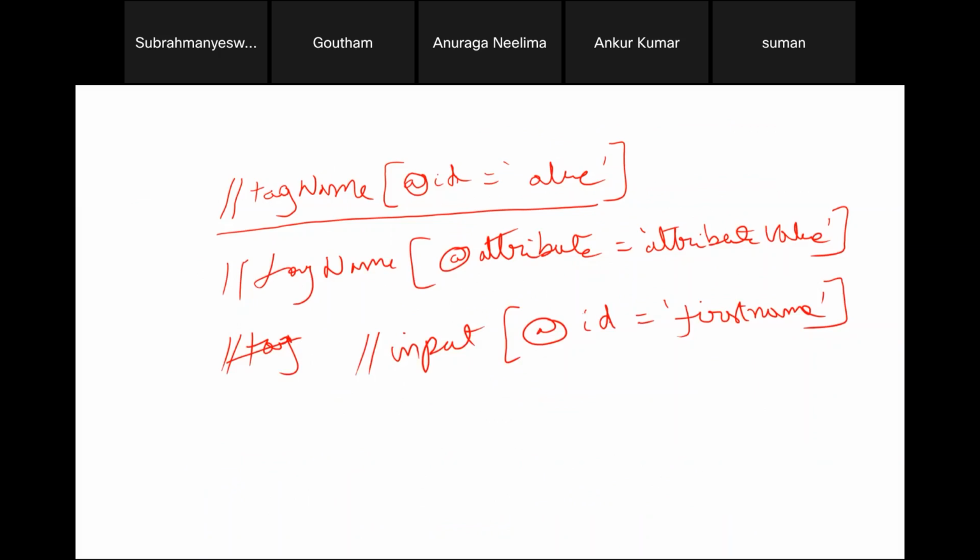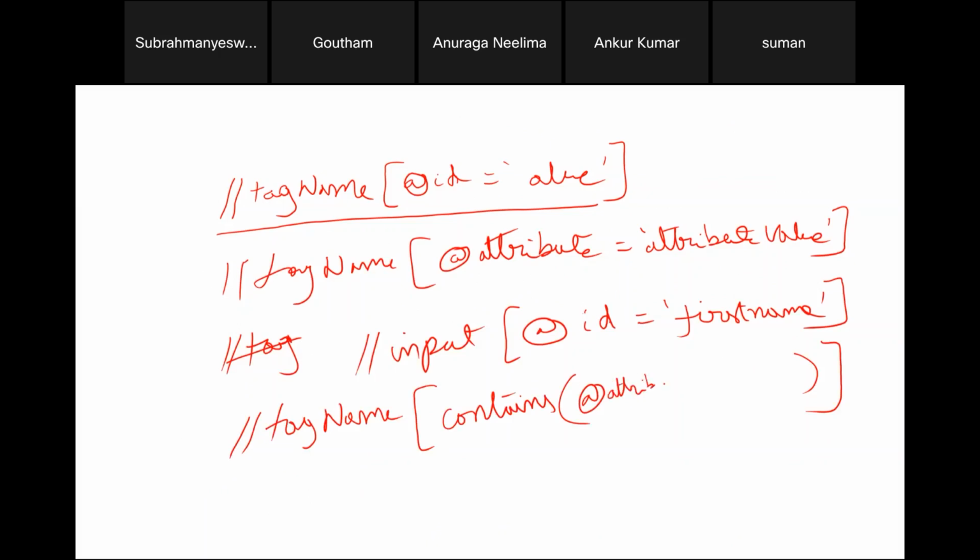For that, we again use the tag name, and then we use the contains keyword, and here we use at the rate attribute, and we use a comma here because we are not using the whole thing. We use a part of the attribute value.